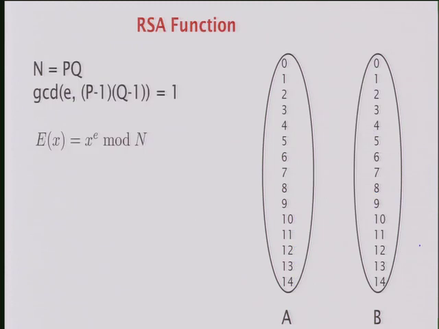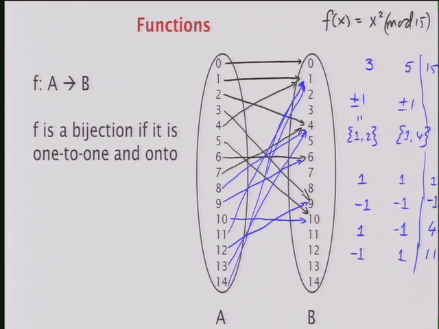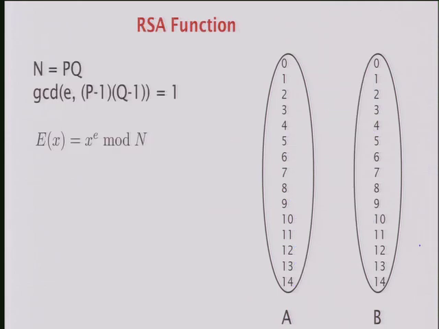Okay, so now let's try to look at another way. Squaring was not a bijection mod 15. So let's see something else which is a bijection mod 15. It sort of looks like squaring, but it's a bit surprising that it ends up being a bijection.